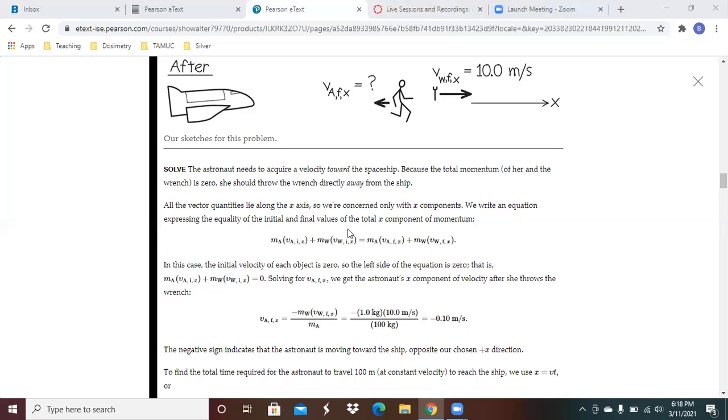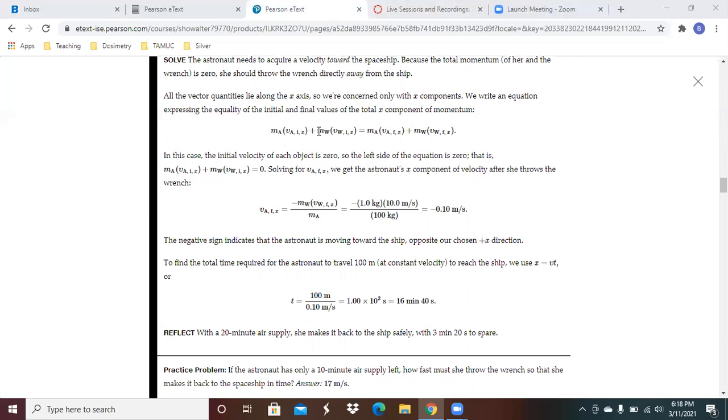So we're going to write an equation expressing the equality of the initial and final values of the total x components of momentum. So we've got mass times velocity of the astronaut, all of this in the x direction, of course, and then the mass times the velocity of the wrench before, and then the same thing afterwards.